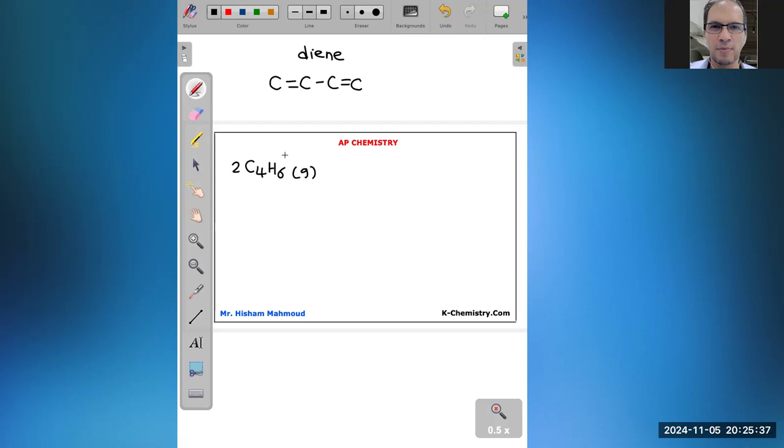When 2 molecules of the butadiene join together, they will form one compound, a gas of C8H12.